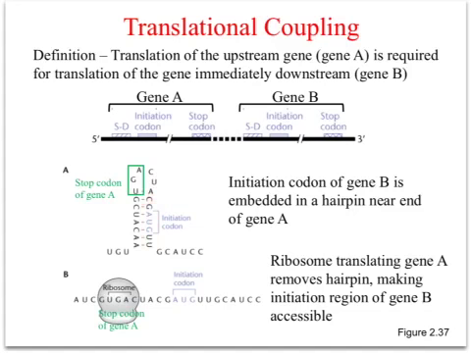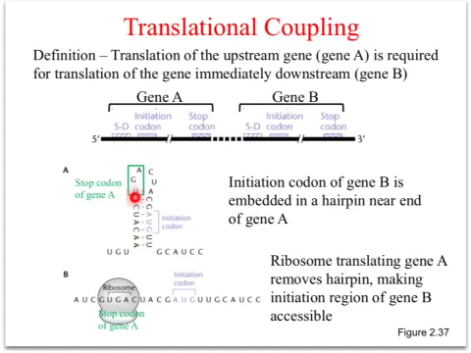structure. That means that it's difficult for a ribosome to initiate there unless there is a ribosome that translates through to the end of A. So a ribosome binds at the Shine-Dalgarno sequence and the initiation codon and goes through to the end.